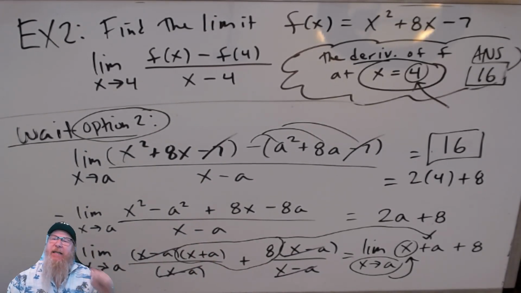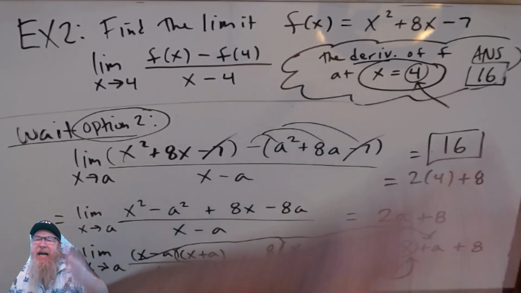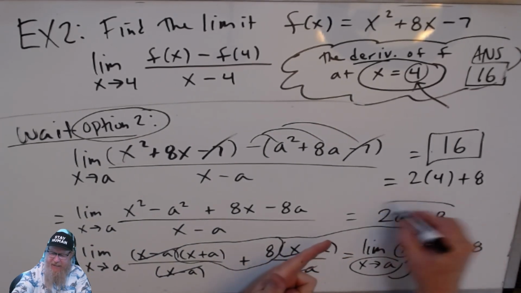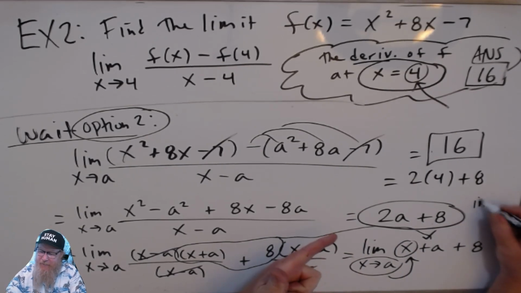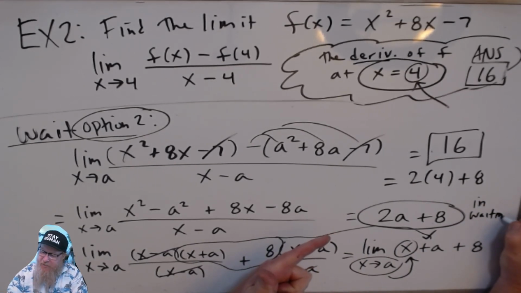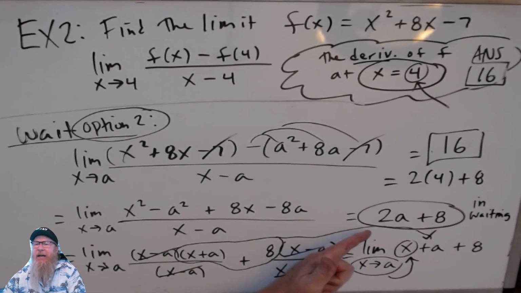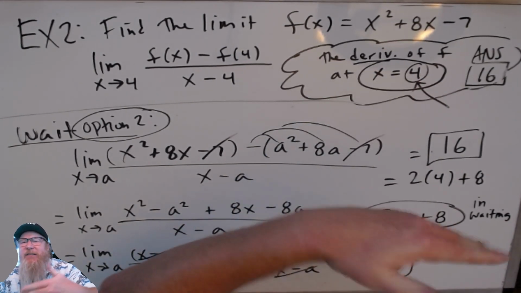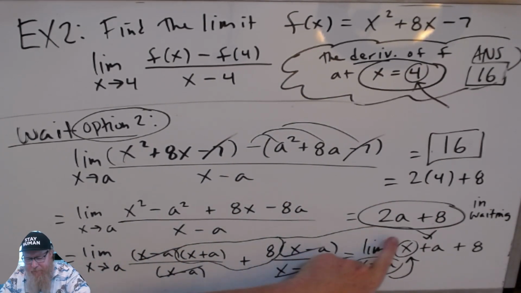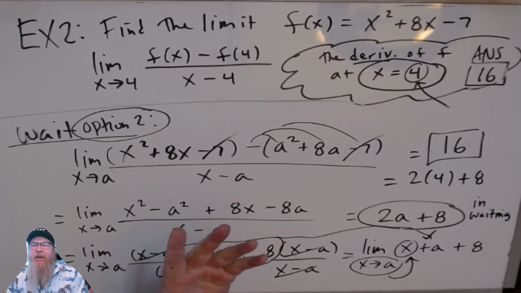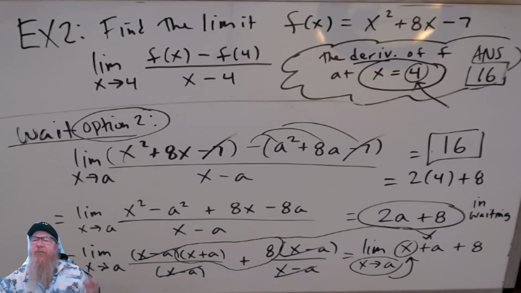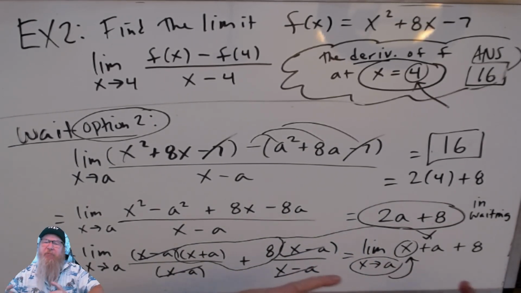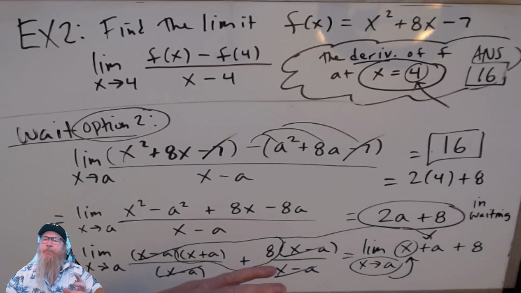If you want the tangent line at x equals 6, well, you just take this answer here. This is your answer in waiting. And if I change this to a 6, well, then you don't have to do the whole problem again. You just put a 6 in here. If I change it to a -3, you could just take this result and put -3 in there. So this is a little bit more flexible because it's in waiting.